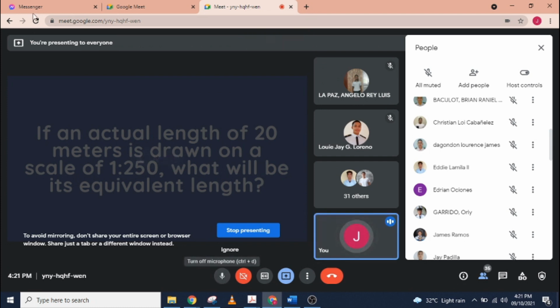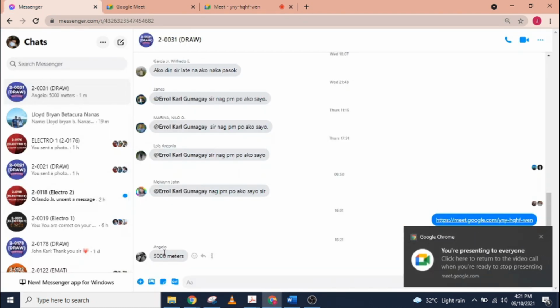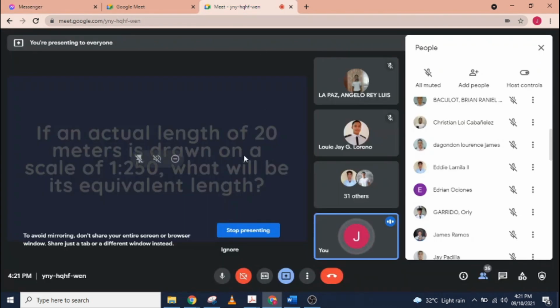Okay, there is an answer in the GC from Angelo Lapas: 5,000 meters. If it is 5,000 meters on the drawing, it will be hard to fit, since we have no drawing plate of 5,000 meters. So check your solution.